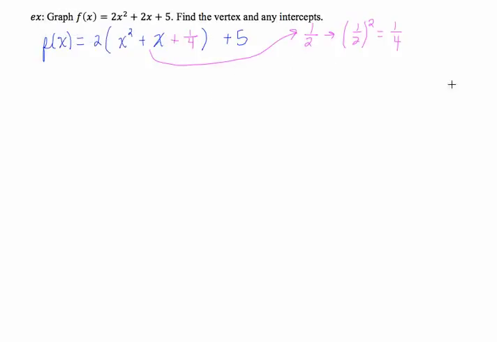Now, what I really added was not 1/4. If you were to expand this 2 out, you would find that now I have written 2x squared plus 2x plus 2/4 plus that 5. So what I really just added was a positive 2/4.